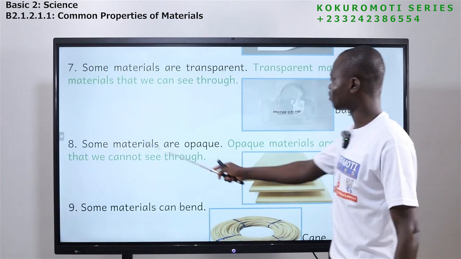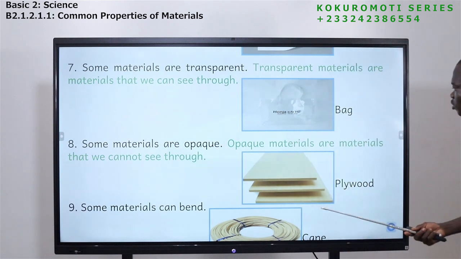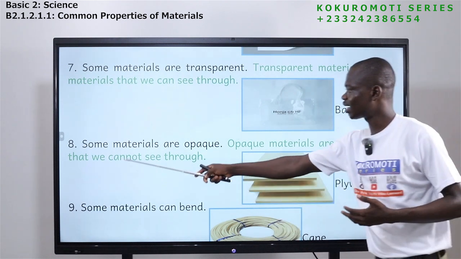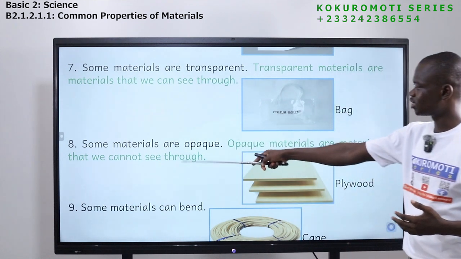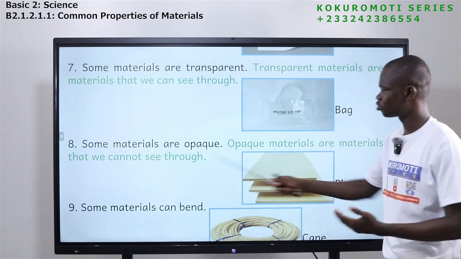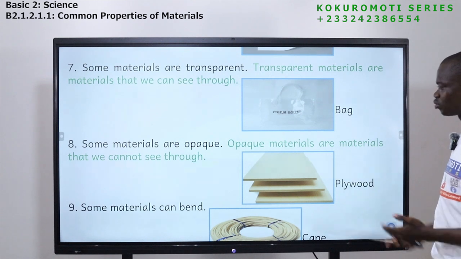Now, the next one, some materials are opaque. And I also told you that opaque materials are materials that we cannot see through. So for example, we have plywood.